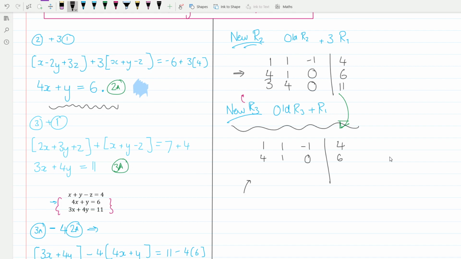And we're going to change row 3 once again. And we are going to take away 4 lots of row 2. So mentally, I'm looking at this, I'm doing 3 take away 4 times 4. 3 take away 16 is minus 13.